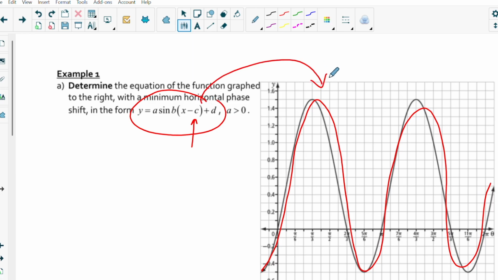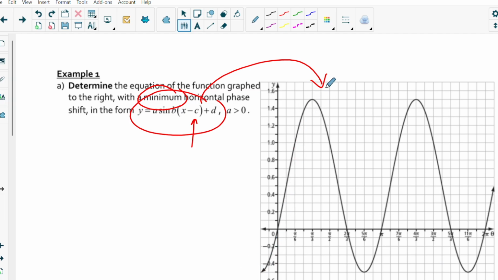So what this is asking for is that one singular equation with the minimum horizontal phase shift. What is the smallest possible C value that will give us the correct equation for this function? You'll see a lot of problems written with that in mind. Let's keep that in mind.